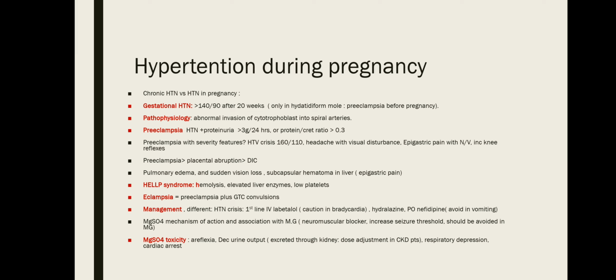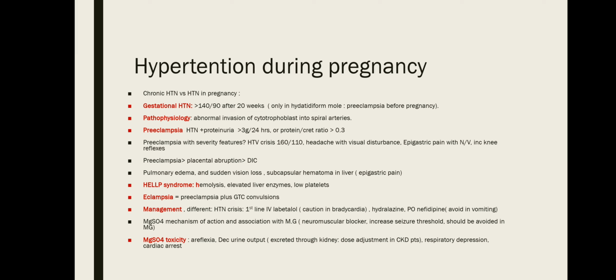In preeclampsia, there are increased chances of placental abruption, which can lead to DIC as well. So we need to manage it carefully, and we need to do inpatient management in case of severe preeclampsia. Preeclampsia is also associated with other conditions like pulmonary edema, sudden visual loss, and subcapsular hematoma in the liver, which presents as epigastric pain. In fact, it presents with severe epigastric pain.